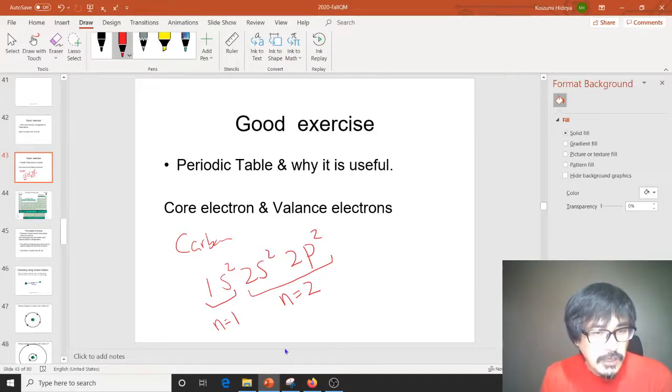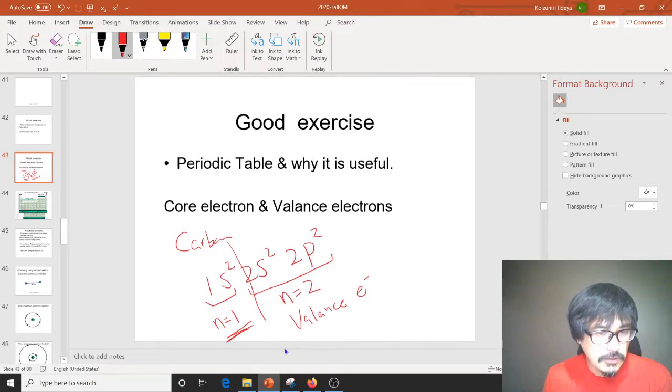The outermost electrons, the ones with the largest n, are valence electrons, and these are core electrons. So you have 2 core electrons and 4 valence electrons for the carbon atom.